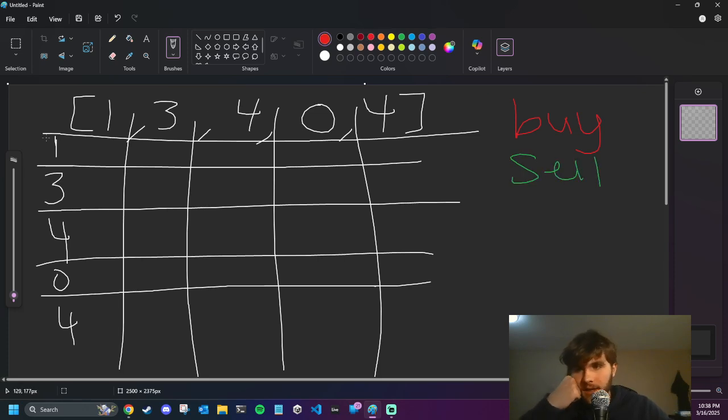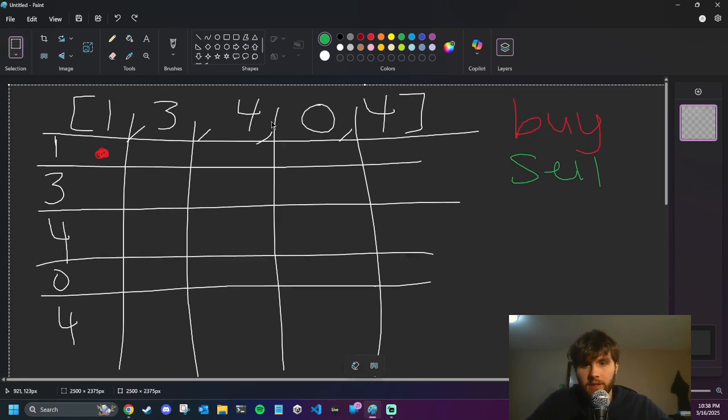So at the very first day we have a choice to buy or not to buy. So I don't really know what this array means, but let's just say we buy. Then we could either sell.